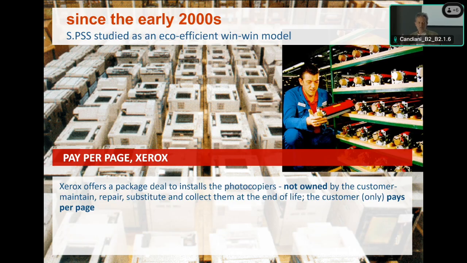Okay? But what happens when the model is this? I introduce something that we will definitely learn in depth during the course: if the ownership remains in the hands of the producer, is the owner interested in designing a product that doesn't last long? If they remain the owner, and if they have to provide a new copy machine, they have to buy new material, produce a new copy machine, dispose of the old one.